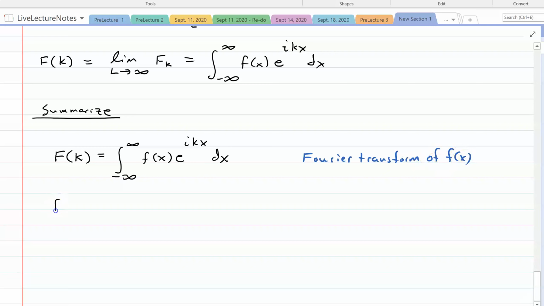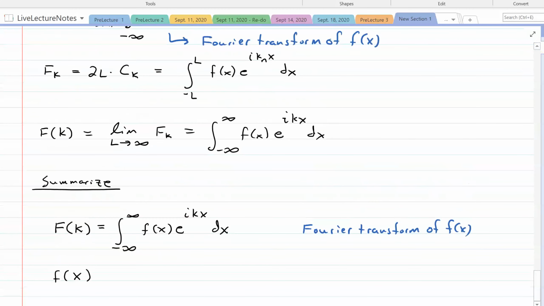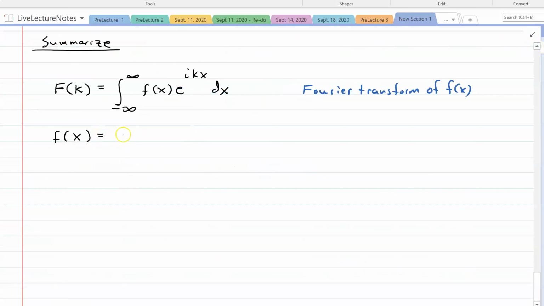And then we have a sort of inverse relation, which was up here. This one. It's equal to 1 over 2 pi, integral from minus infinity to infinity, F of k, e to the minus i k x dk. Okay.